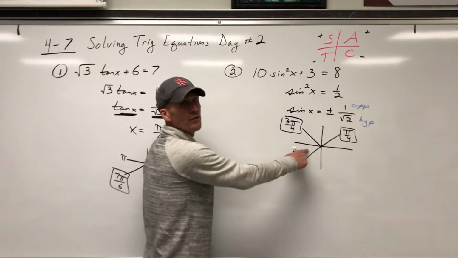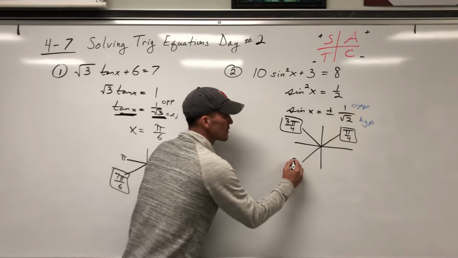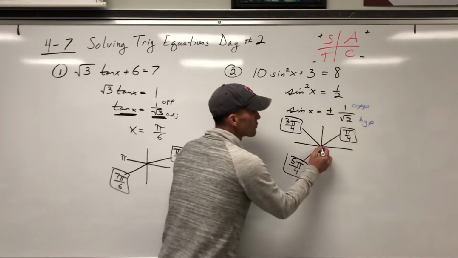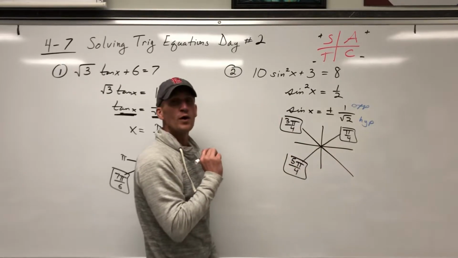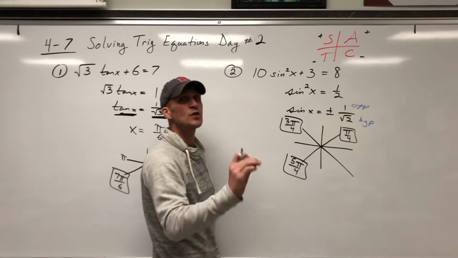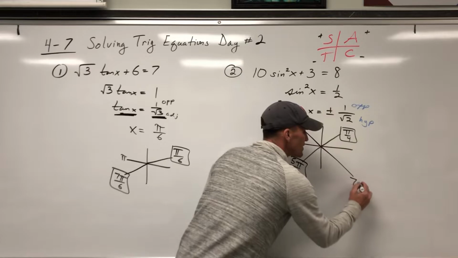Reference angle of pi over 4, 1 plus 1/4 is 5/4, so 5 pi over 4. And finally, reference angle of pi over 4, it's 1/4 short of 2. 2 is 8/4, so 8/4 minus 1/4 is 7/4, or 7 pi over 4.